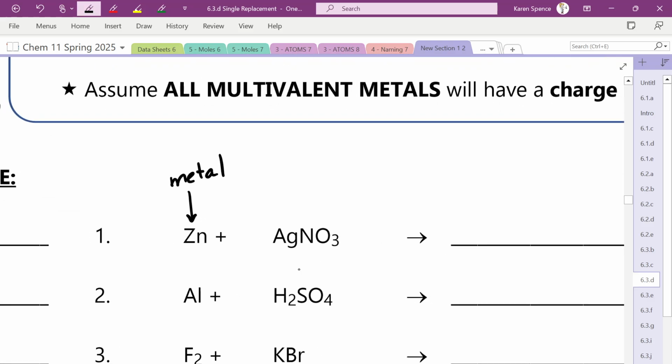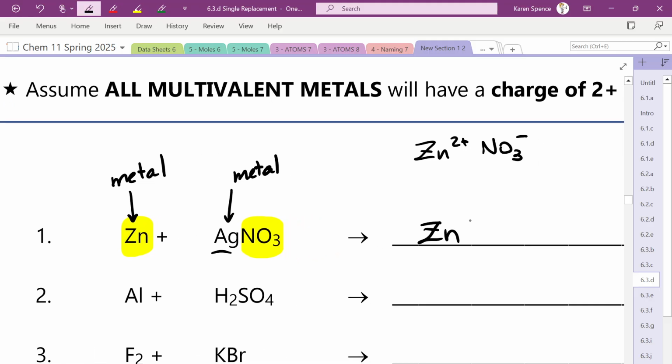So it is going to replace silver, which is the metal, which means that zinc is going to get together with nitrate. Zinc is 2+, nitrate is -1, so it's not ZnNO3, it's Zn(NO3)2. And who's by itself? Silver is by itself.